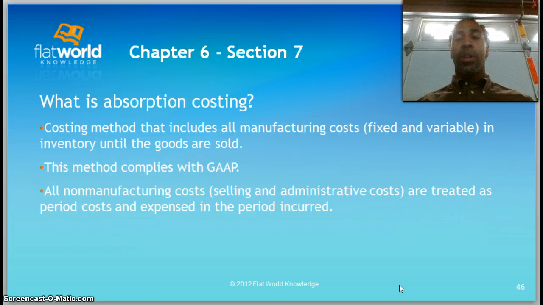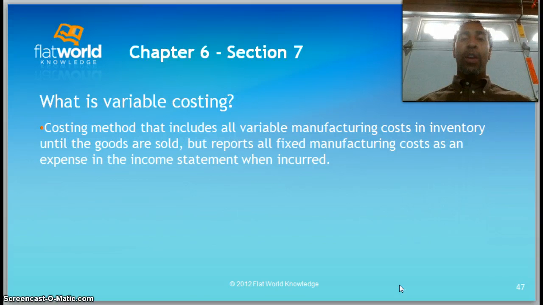So you have your absorption costing, but what's another way to do it? Maybe you want to try it using variable costing. So what is variable costing? A costing method that includes all variable manufacturing costs in inventory until the goods are sold.